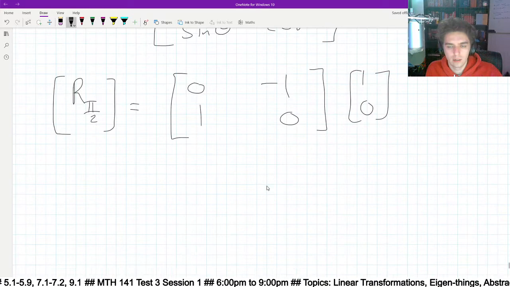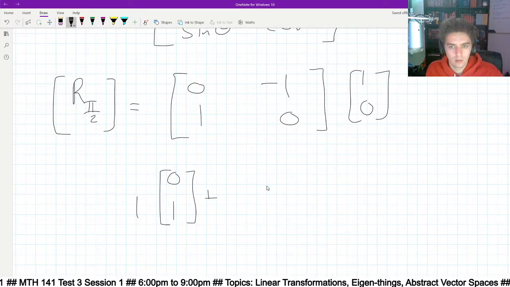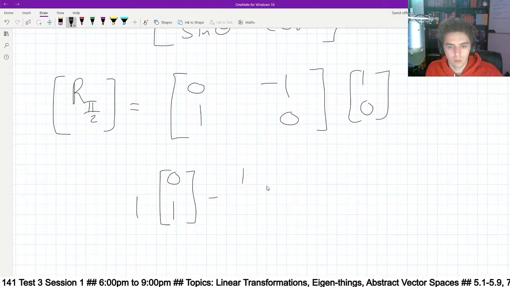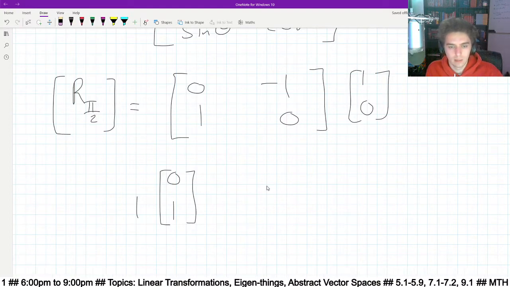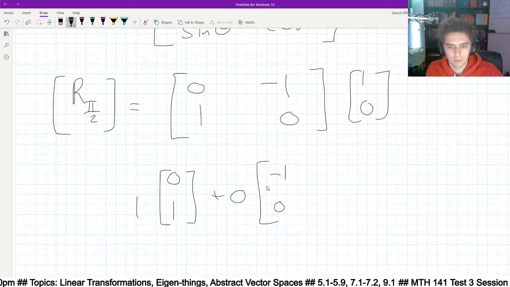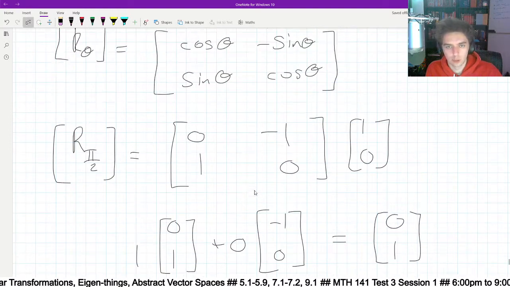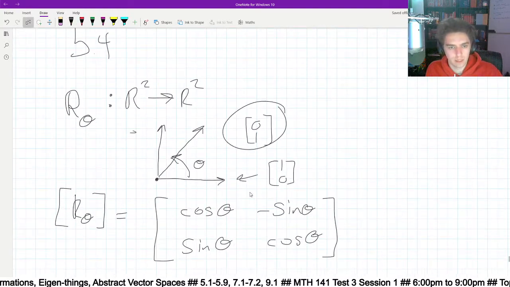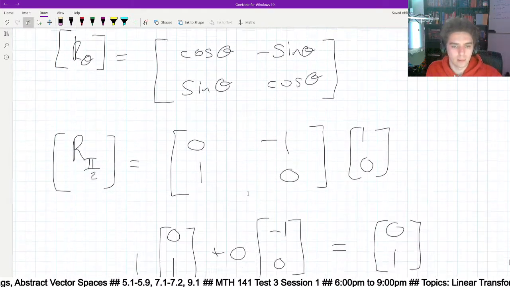Multiplying gives 1 times 0 plus 0 times negative 1, and 1 times 1 plus 0 times 0, which is just (0, 1), which is what I was expecting. So you see how it does rotate by that amount.